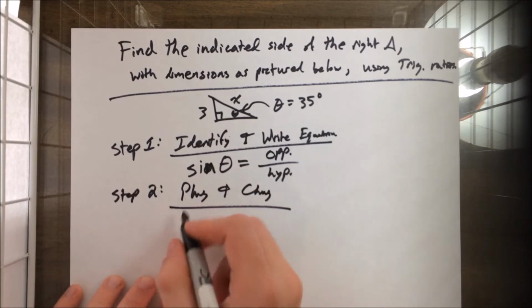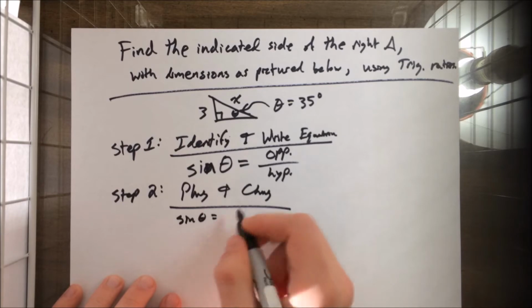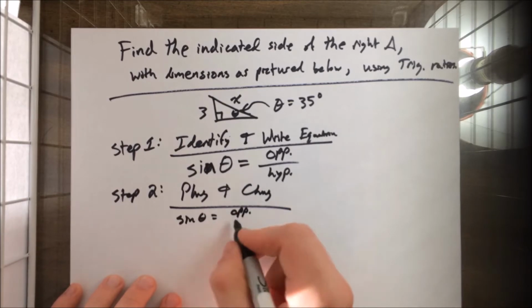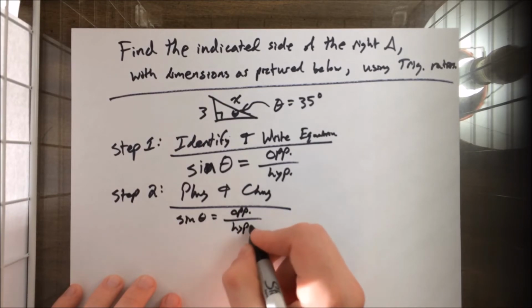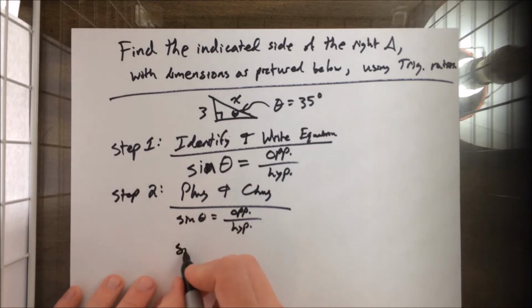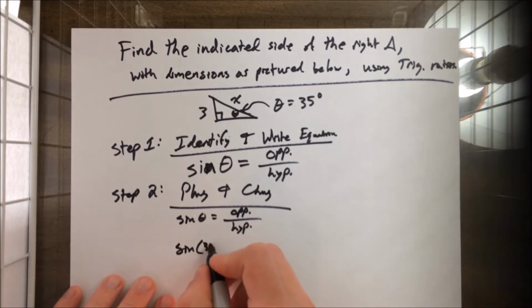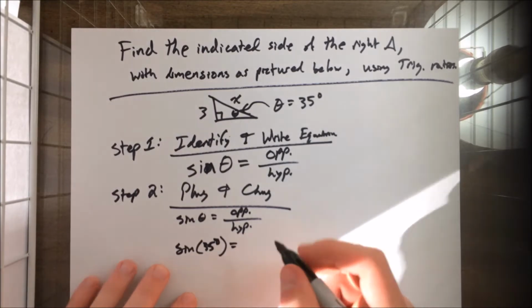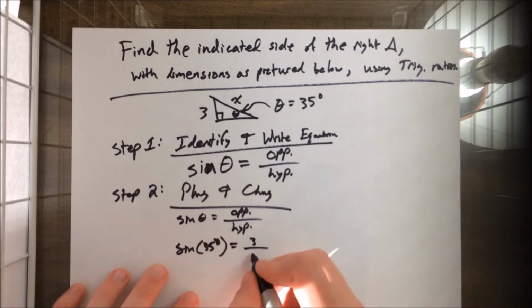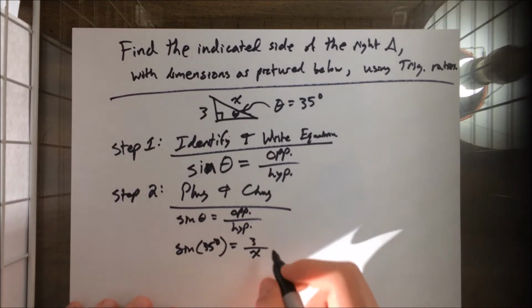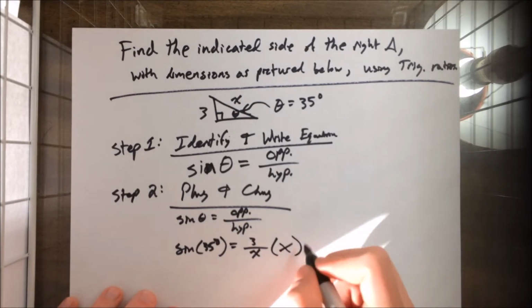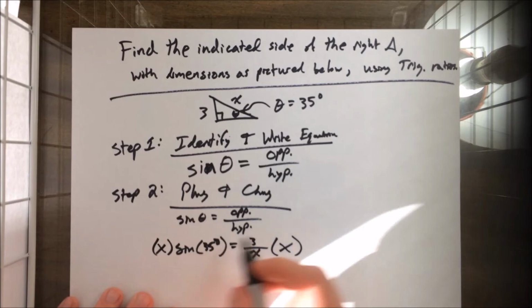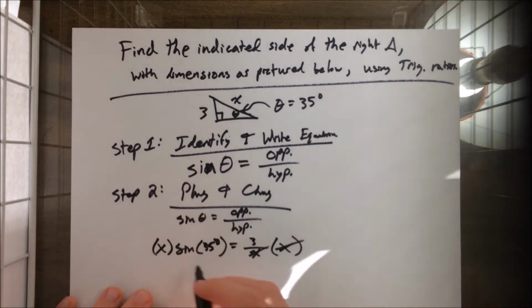So now we're going to plug into the equation. So let's go ahead and rewrite the equation. Okay, so the sine of 35 degrees equals, we have opposite as 3 over the hypotenuse as x. So now let's multiply both sides by x to get x to that side.